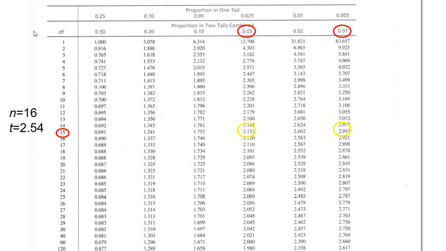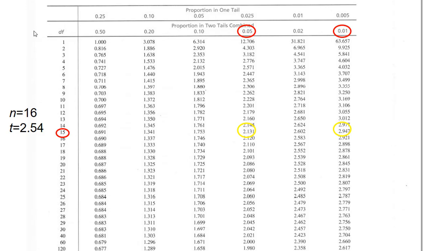Well, is 2.54 more extreme than 2.131? Yes. So in this case, if we had our alpha at 0.05, we would reject the null hypothesis. We would say there actually is a difference between our sample mean and the population.